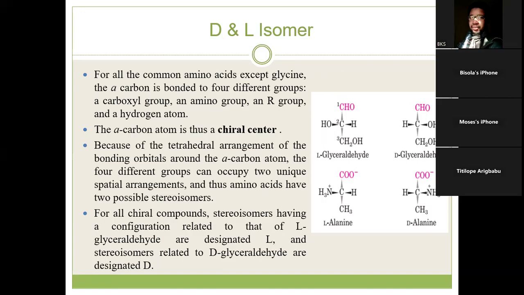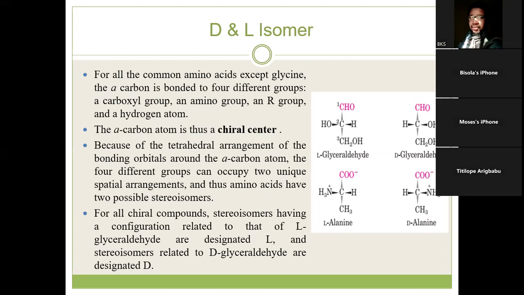So when we look at the structure of amino acid, we made mention that the 4 groups were all attached to an alpha carbon. And when you look at the 4 groups, they actually differ. Then that carbon is a chiral carbon.